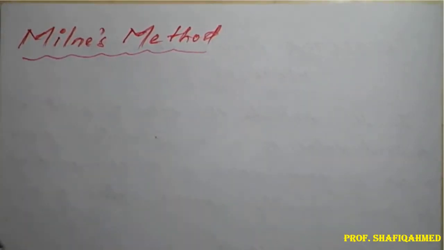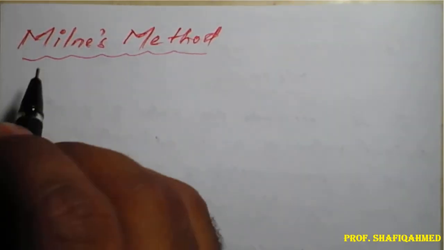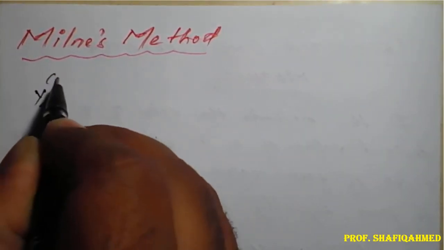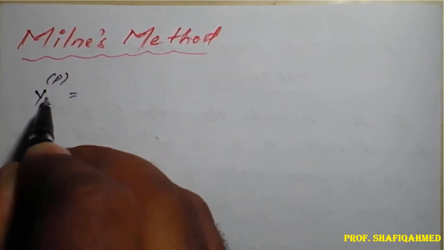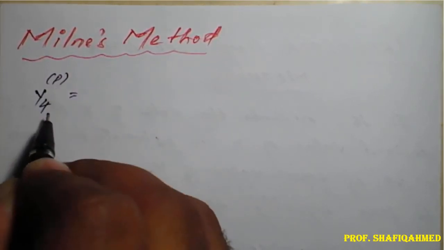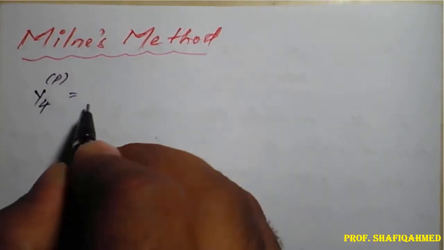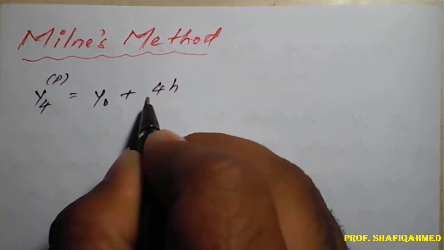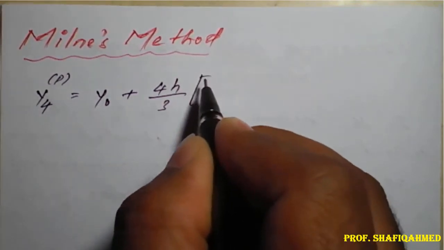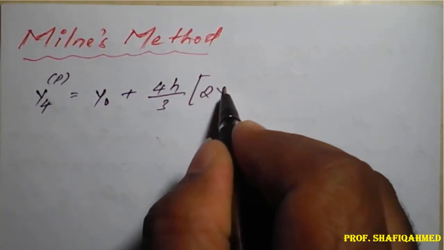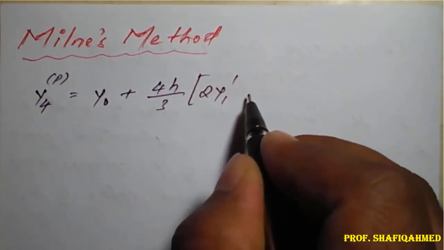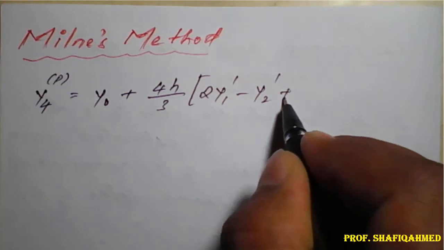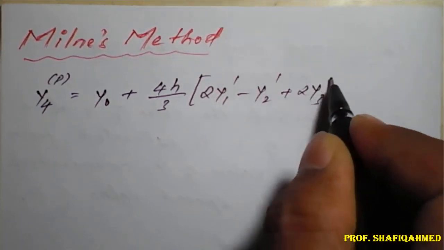Here we have 2 formulas. In Milne's method, the formula is y4 of p, where p stands for predictor. So y4 of p is equal to y0 plus 4h upon 3 times the bracket 2 times y1 dash minus y2 dash plus 2 times y3 dash.